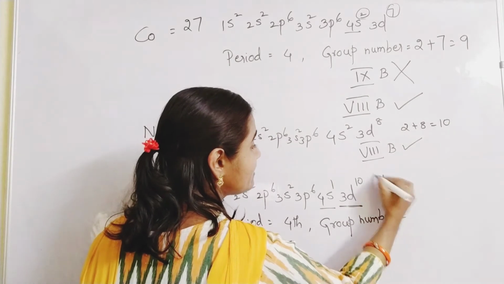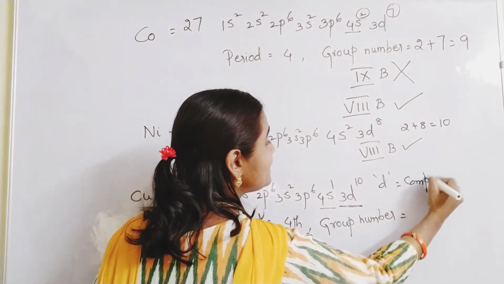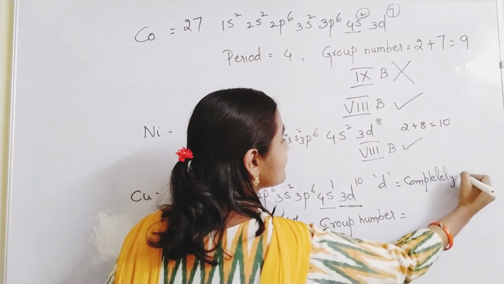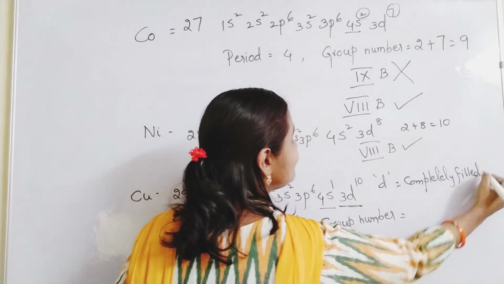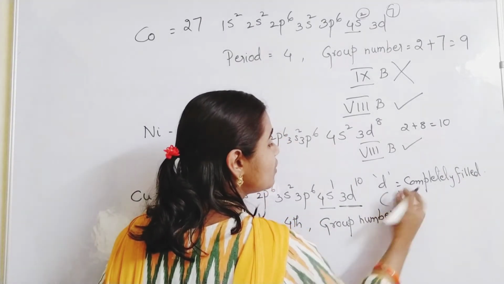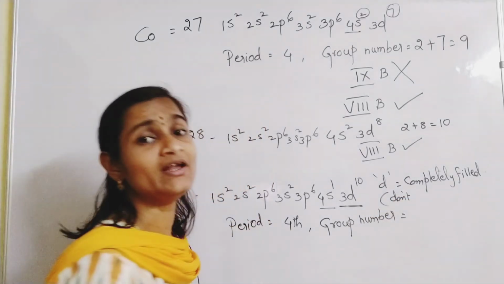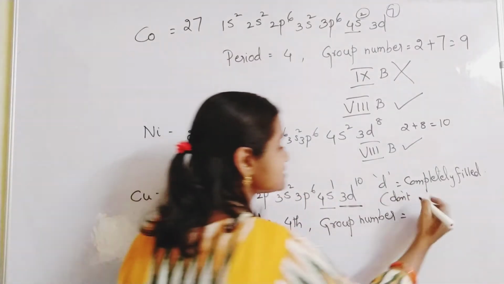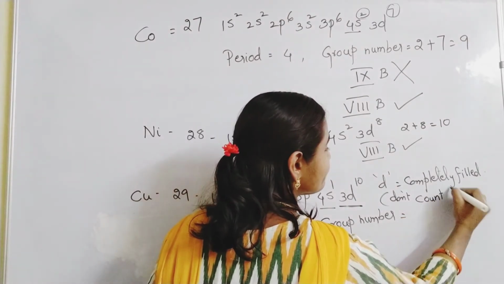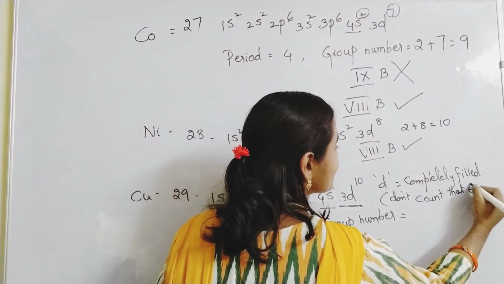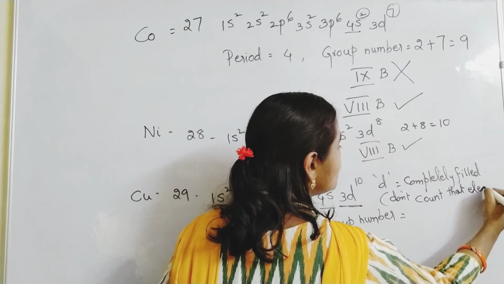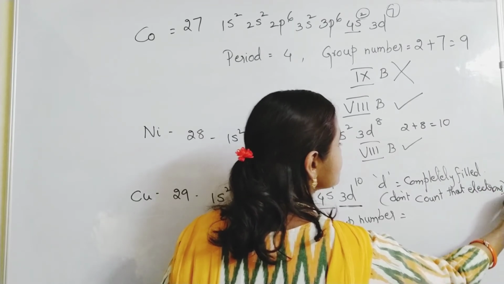Here d is completely filled, so don't count those electrons.